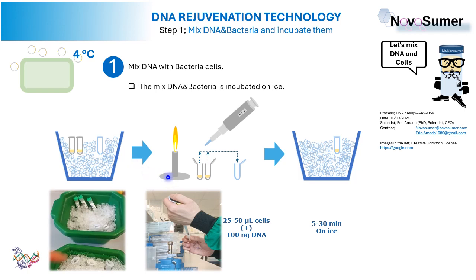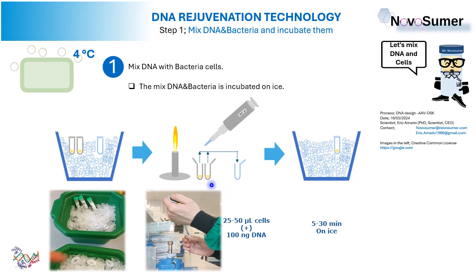Here we are. We use a flame to guarantee a sterile atmosphere. The flame will guarantee more or less 20 to 25 centimeters of sterility. So as long as we work near here, we will be ensuring that the atmosphere is sterile. The only thing that we have to do is transferring 25 to 50 microliters of these cells into the empty Eppendorf.